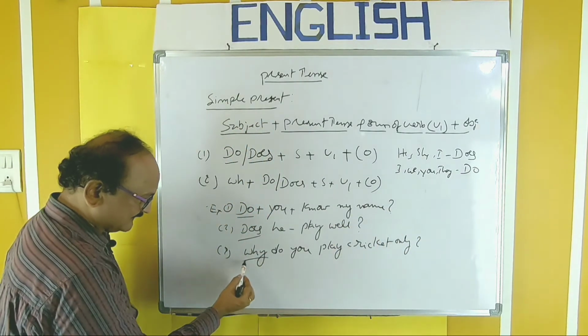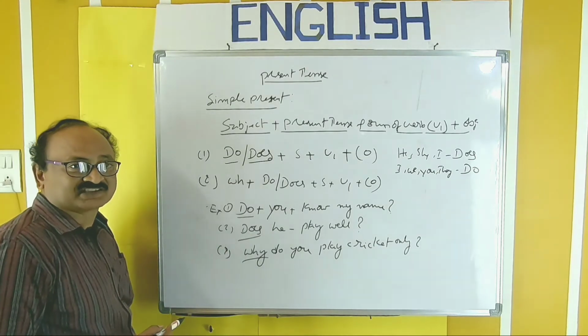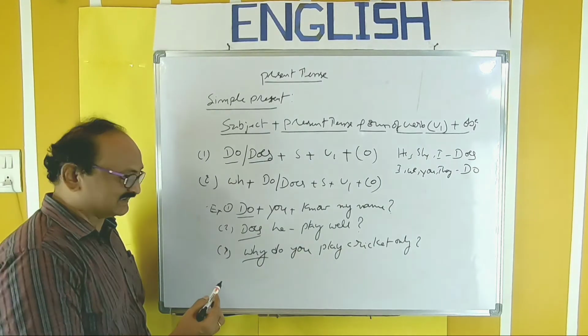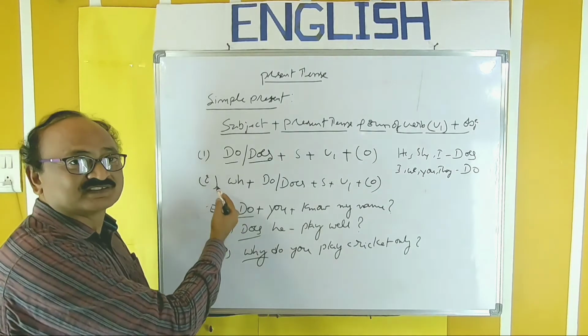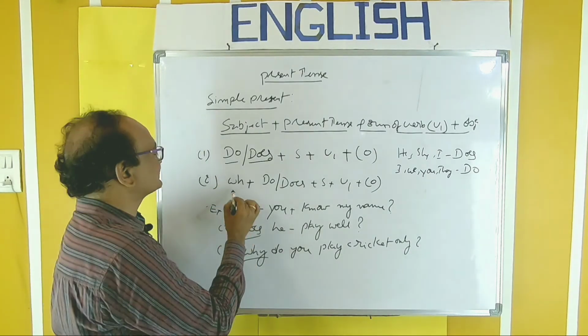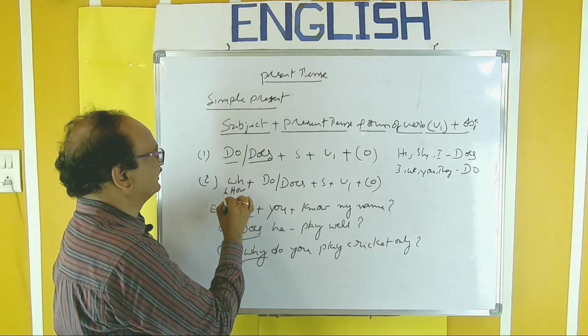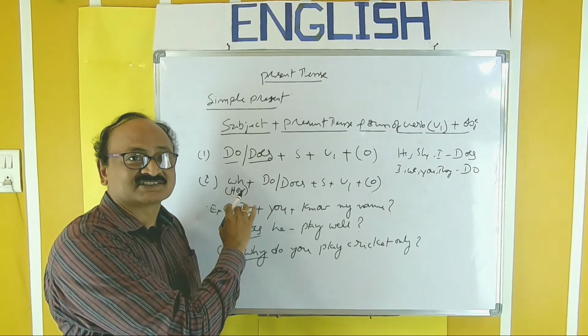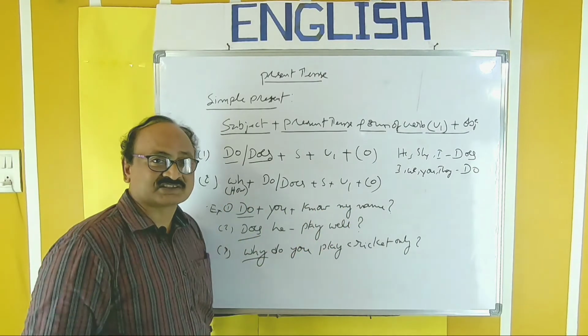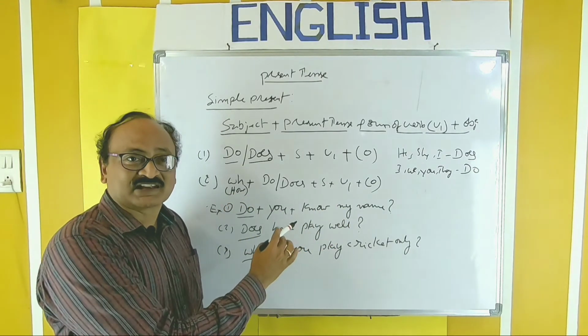So why is a WH word, that is an interrogative word. You can use any other word like this: who, which, where, when, what and how. So how also you can use. All these are the interrogative words and this is the structure for interrogative sentence.